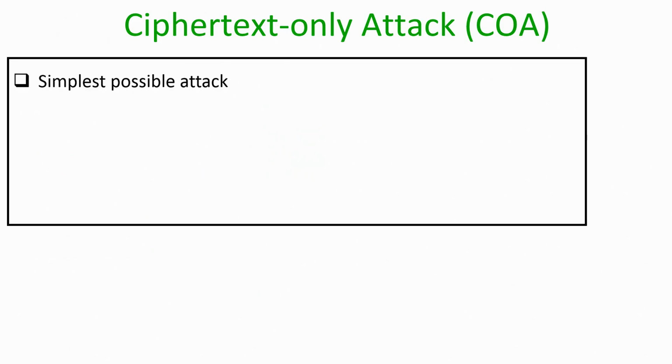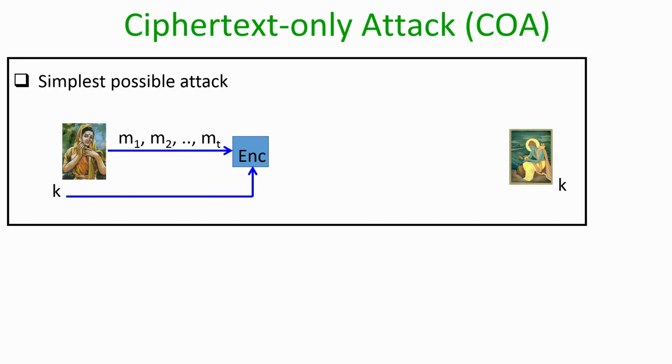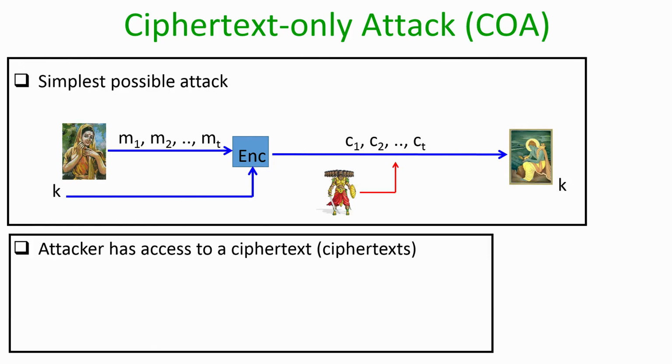So, let us start with the ciphertext only attack model or the COA attack model, which is the simplest possible attack scenario. And here the scenario is the following: we have the sender and the receiver who have agreed upon a common key not known to the attacker, and the sender has encrypted several messages using the same key as per the encryption process, and the details of the encryption process are known to the attacker.